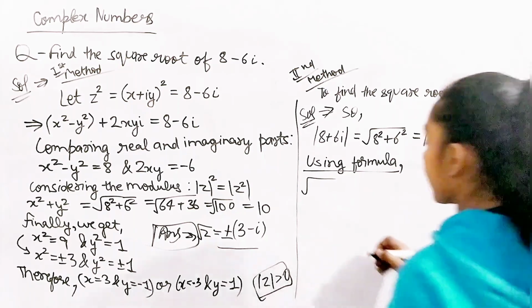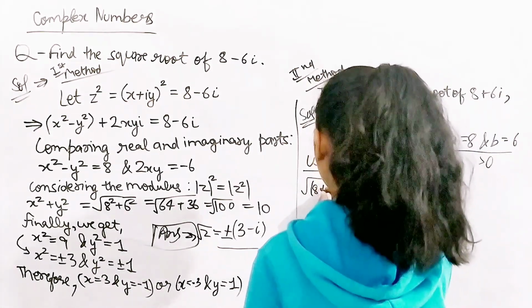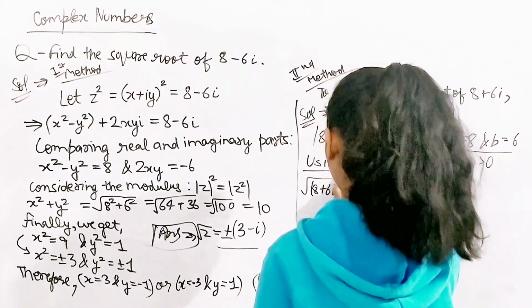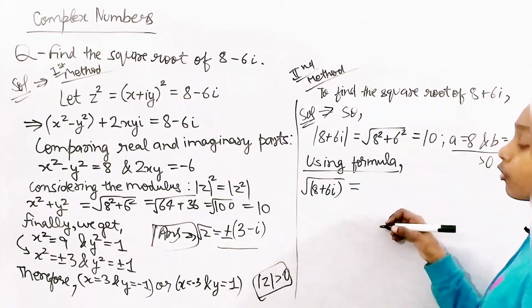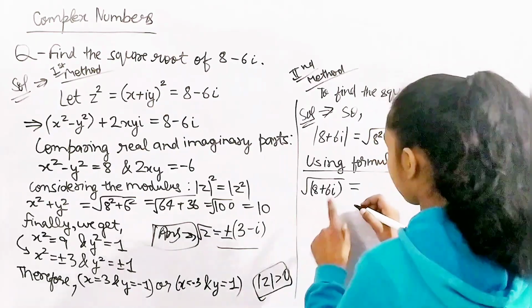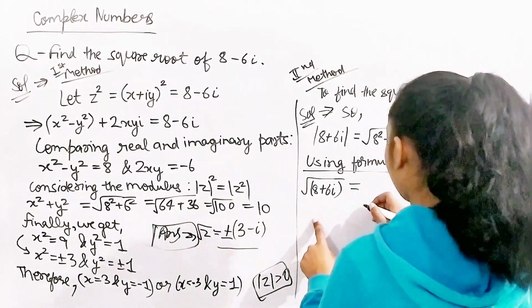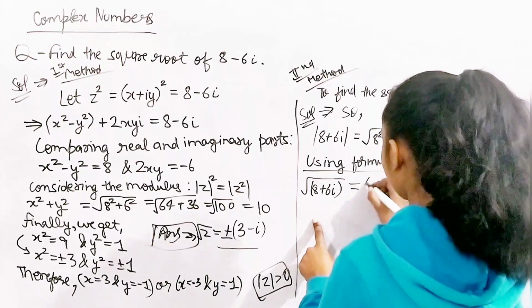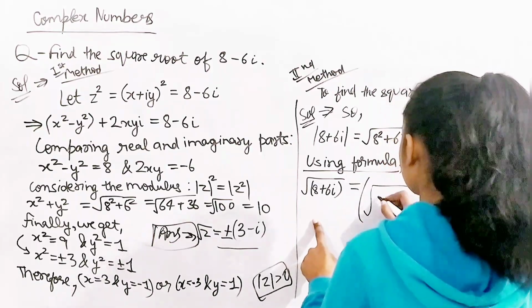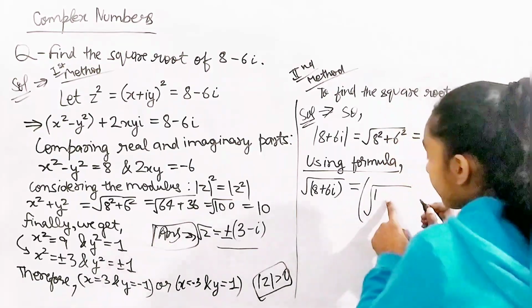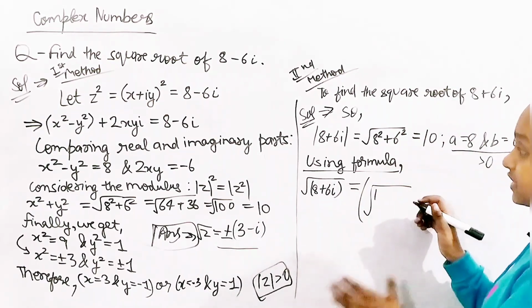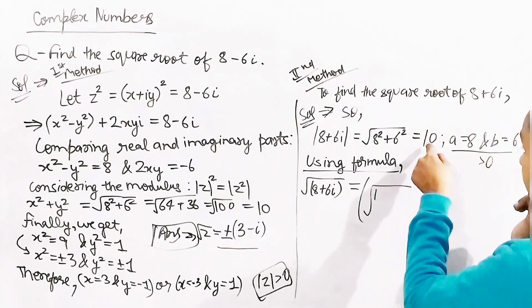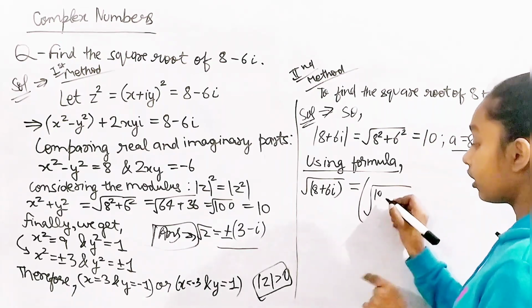So I'm going to write here 8 plus 6 iota is equal to, if you really remember that, I hope you haven't forgotten it, I'm going to write it this way. In the big square root, mod of z. So what is it? 10, right? So I'm going to write 10 here.